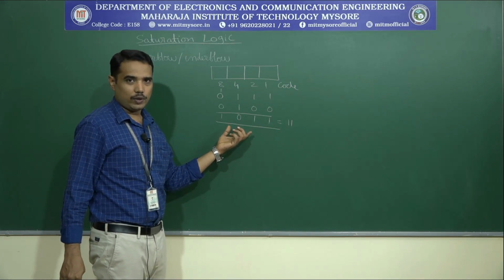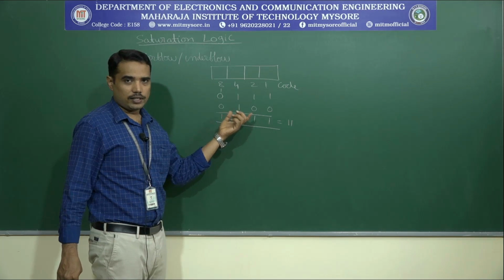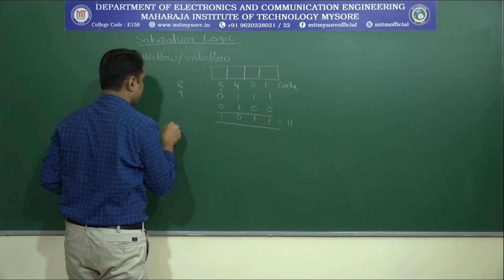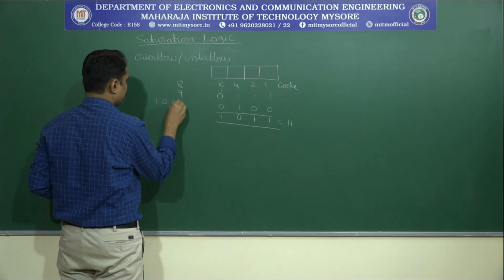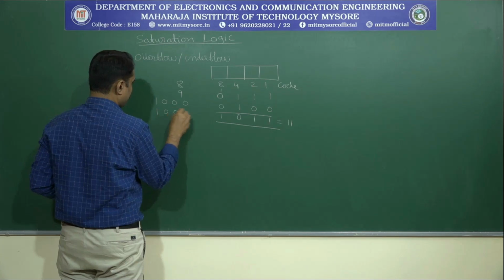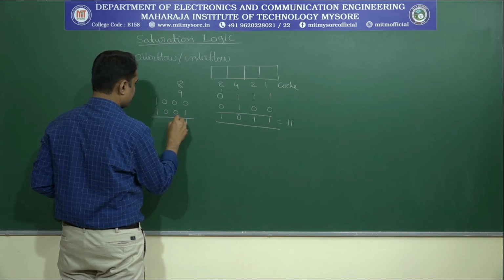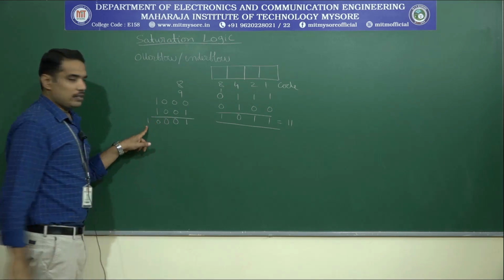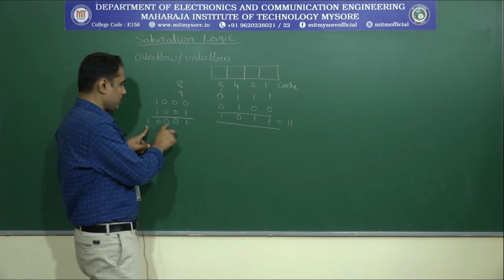Now if I try to add in the next example, 8 plus 9, I can write 8 as 1000 and 9 as 1001. Then I get a carry 1 followed by 3 zeros and 1.